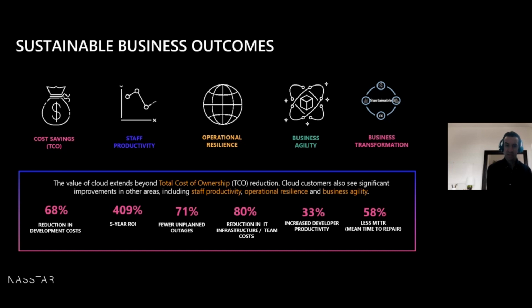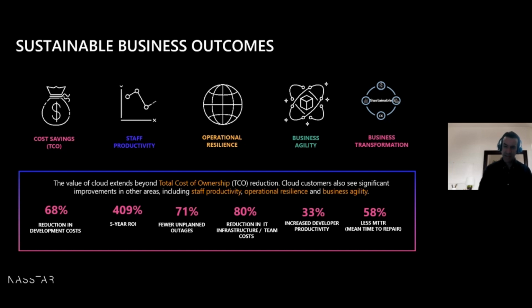So the total cost of saving is clearly always going to be a primary driver for utilizing new technologies. But staff productivity, having people spending less time on reactive tasks and looking after hardware, and actually moving further up the stack and focusing on your core digital strategy and what you can deliver to your customer, so you can actually drive some efficiencies into your own staff profile.